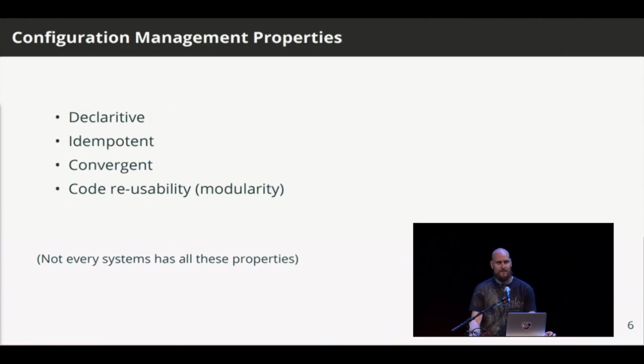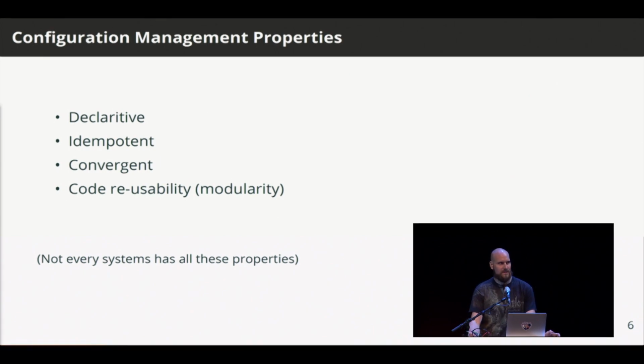So many of these configuration management systems have certain properties. Not all of them have the same properties, but many of them are declarative, which means that the configuration that you put in for your systems is not a series of separate steps or commands to follow to get to a certain state, but you declare that the state of a certain package has to be installed instead of you typing, please run apt-get install my package.